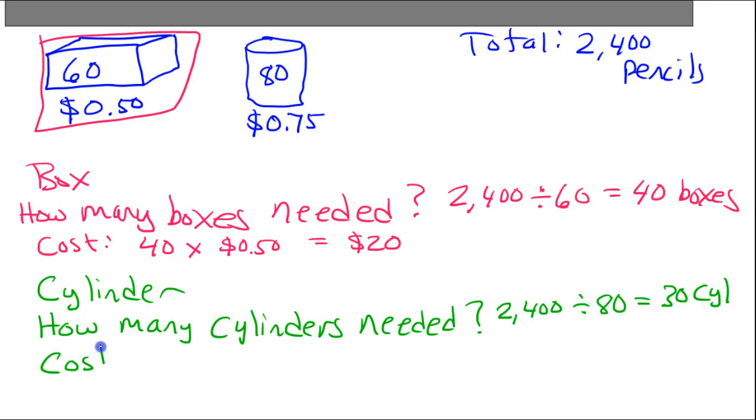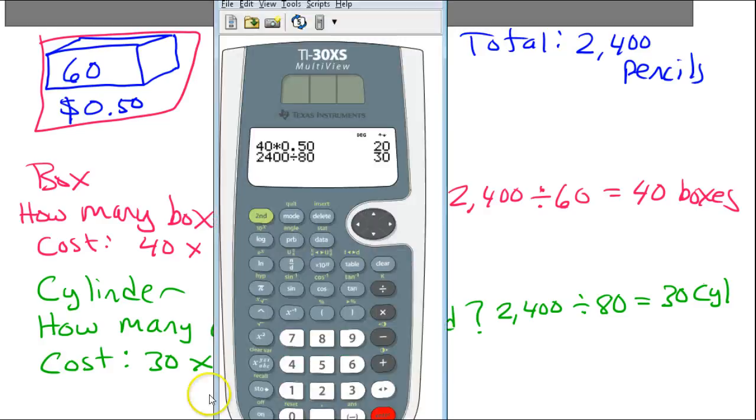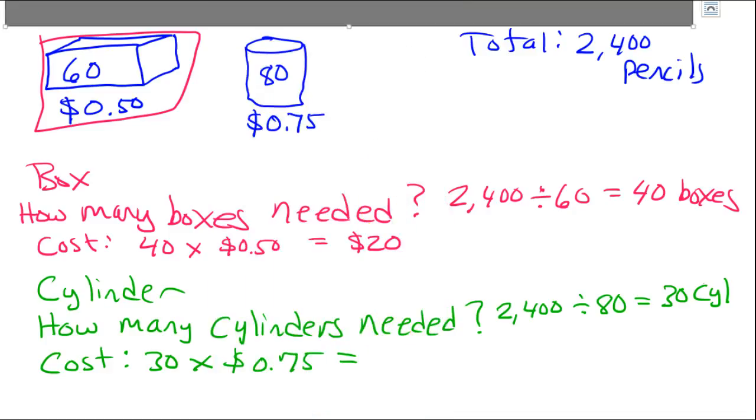So what about the cost? Well, if we take our 30 cylinders, each one is 75 cents, so 30 times 75 cents should tell us the cost. That's $22.50.